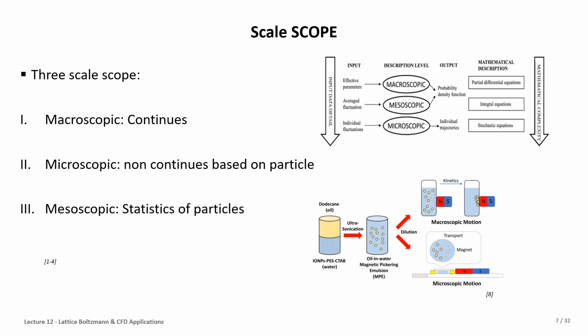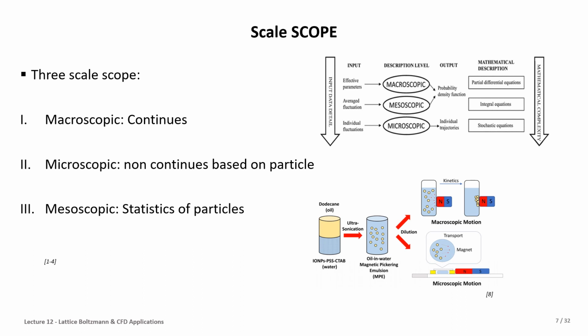These different description levels have different inputs. For example, for the macroscopic one, we need effective parameters. For the microscopic one, we need individual fluctuation. And for the mesoscopic one, as we said, we need average fluctuation, so we take group information of the data.